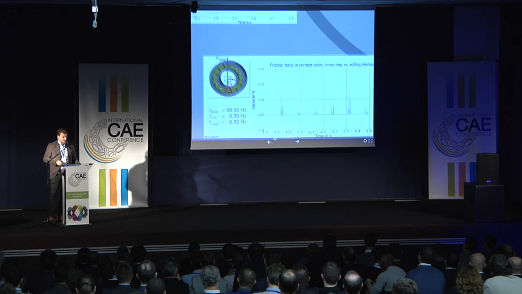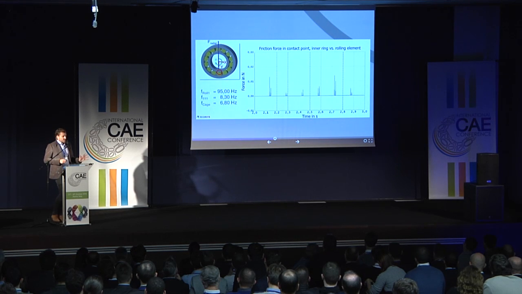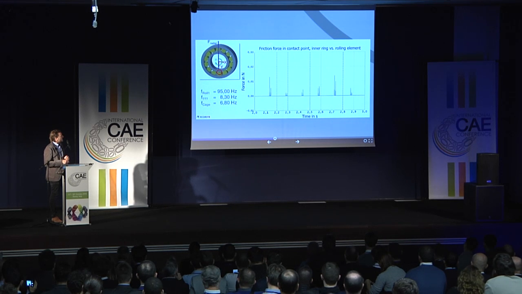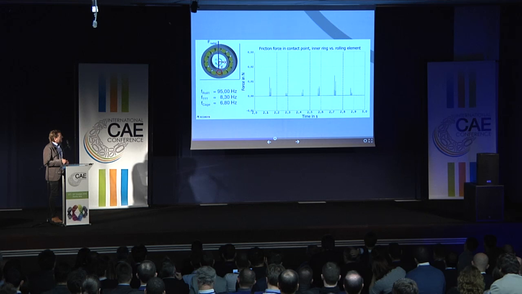So what happens here? The second thing I did is I checked the contact area right in between the rolling element and the inner ring. Because in multi-body simulation, you know, you can calculate every force wherever you want, you can plot the friction force which is acting in this contact. If you plot this force, you come to this blue line right here.